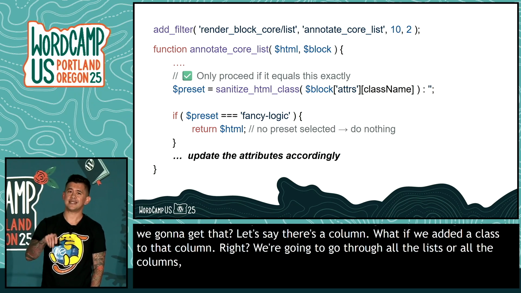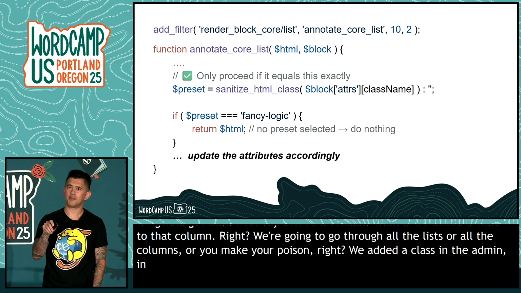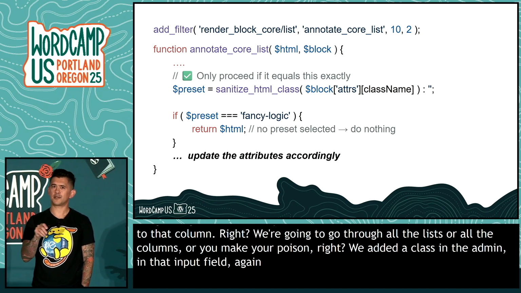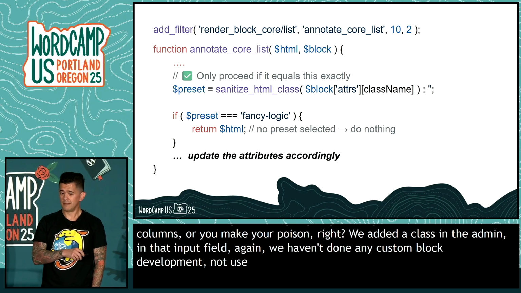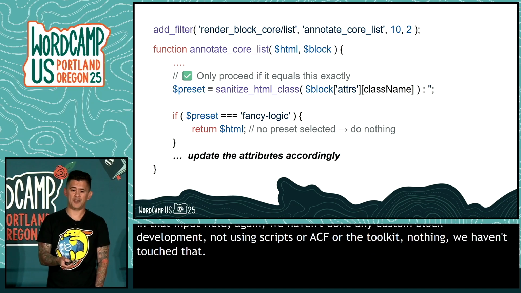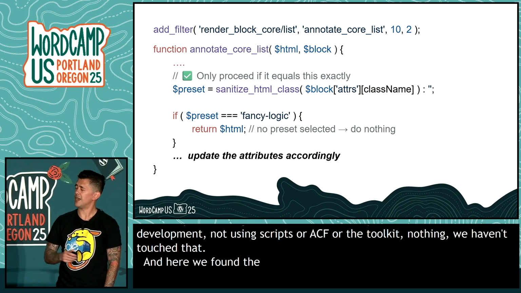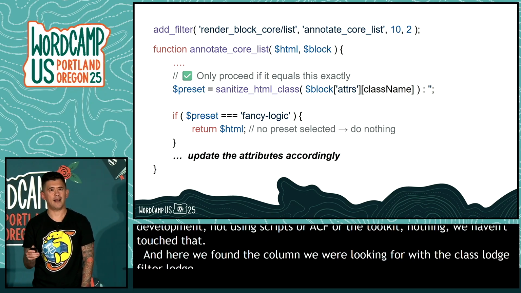We added a class in the admin, in that input field. Again, we haven't done any custom block development. You're not using scripts, using ACF or the toolkit, nothing. We haven't touched that. And here, we found the column we were looking for with the class fancy logic, or whatever you decided to enter. And now we're adding that aria-live polite, or that class, or changing the source.